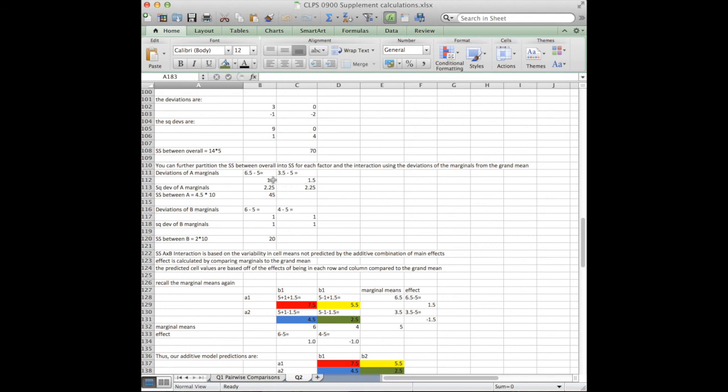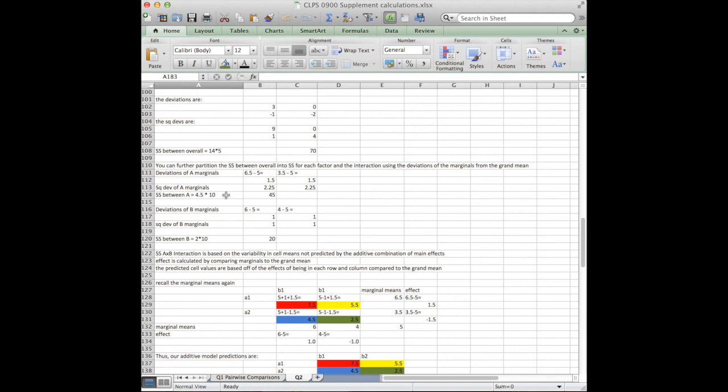So then we squared the deviations that we just found. So 1.5 squared is 2.25, and same thing here. So then we would sum the squared deviations that we just found. So 2.25 plus 2.25 gives you 4.5, and then we would multiply that by the number of observations we had in that factor.